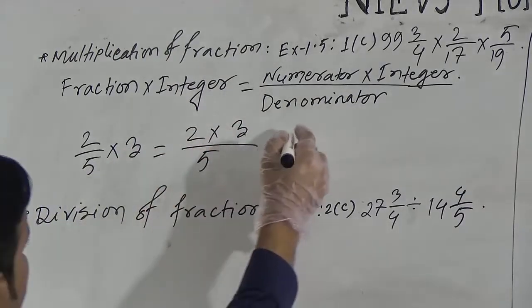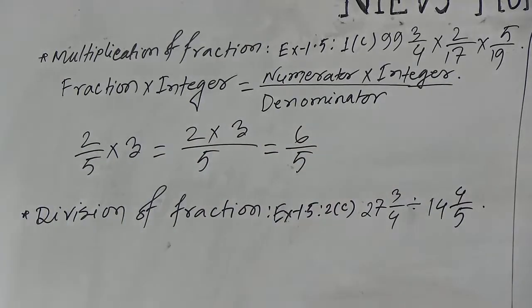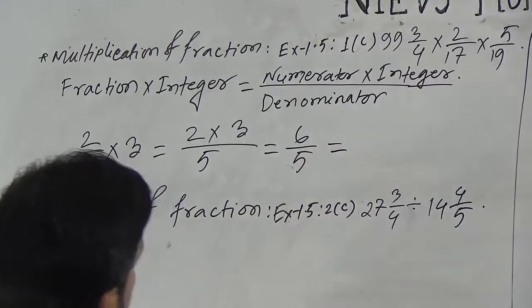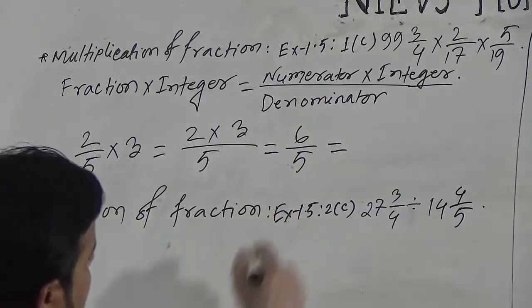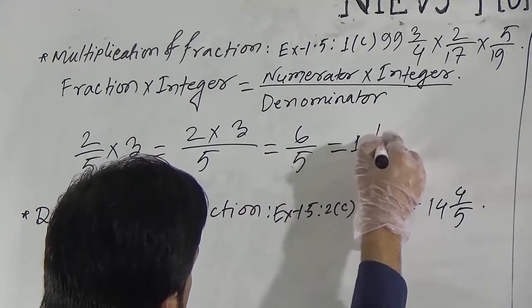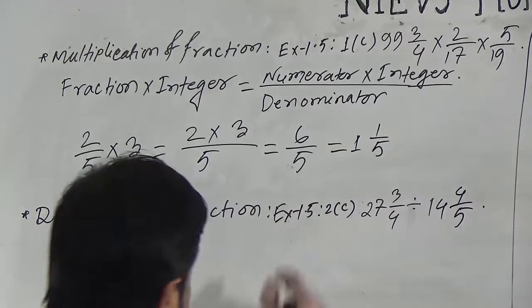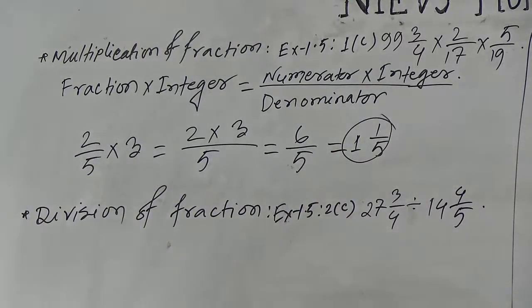So the product of 2 and 3 is 6, so the product is 6 by 5. As this is an improper fraction, we can convert this into mixed. This will be one integer, 1 by 5. If we convert 6 by 5 into a mixed fraction, we will get this fraction. This is fraction multiplied by integer.